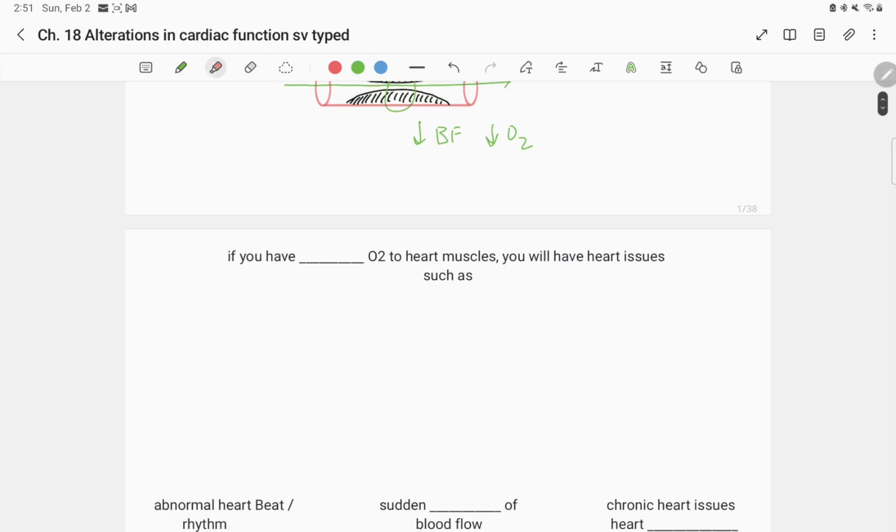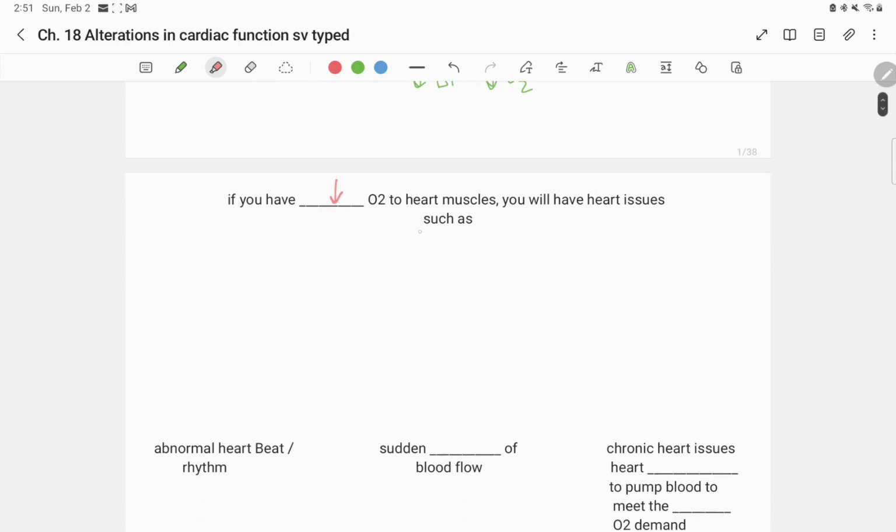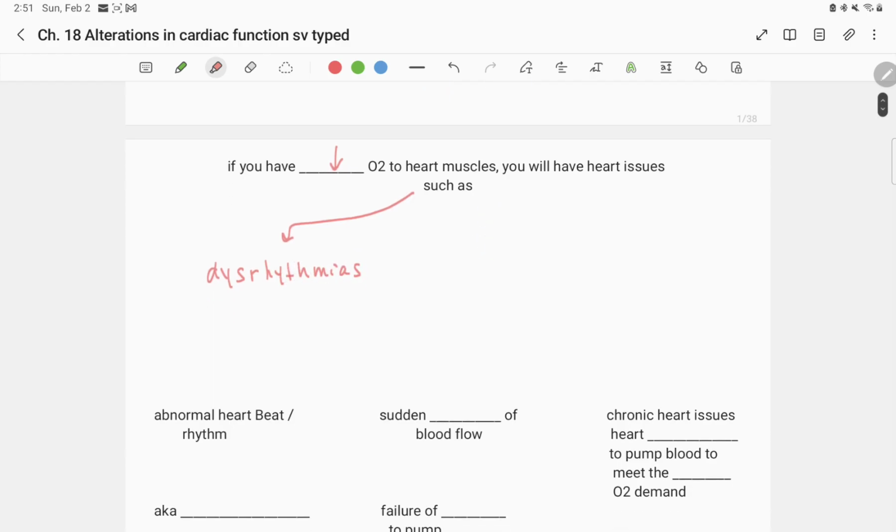Okay, if you have decreased oxygen to heart muscle, you will have heart issues such as dysrhythmias, which is abnormal heartbeat and abnormal heart rhythm, cardiac arrest, which is sudden loss of blood flow, and then chronic heart issues.